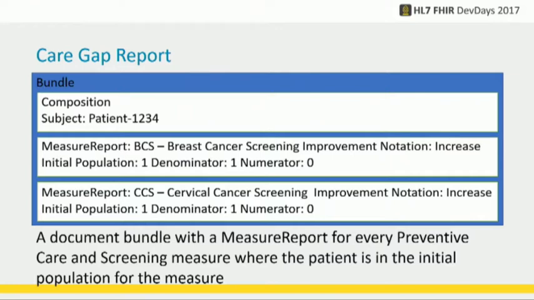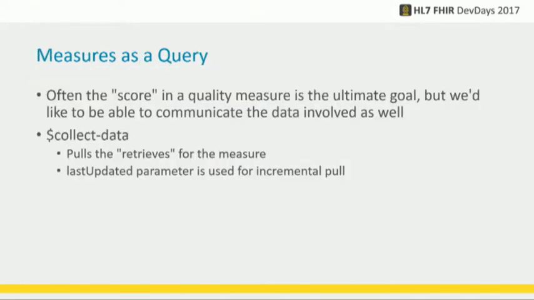Another approach we're looking at is measures as a query. A population measure, a quality measure, is really just a report. It's structured down into very specific results for scores, so you can compare scores. But what we're actually doing to get to that score is collecting a lot of data and looking at a lot of interesting things.